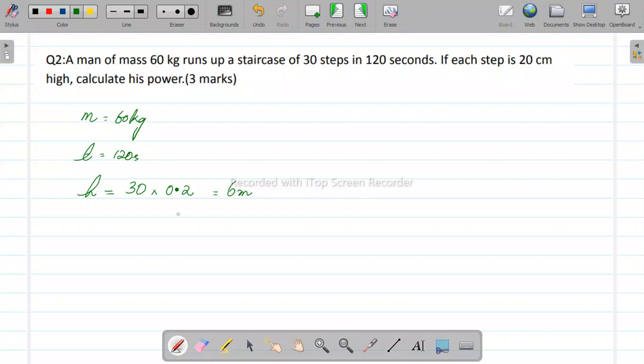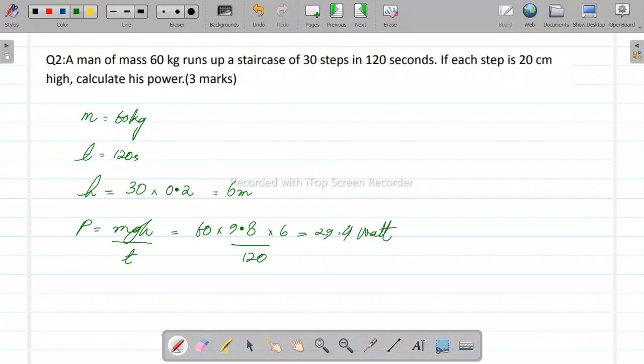And you are to calculate power. What is power? Rate of expenditure of energy. Again, height is mentioned, so energy in this case is potential energy. Mass is given 60 kg, gravity is understood 9.8, and height is 6 meters over the time, which is 120. That is 29.5 watt.